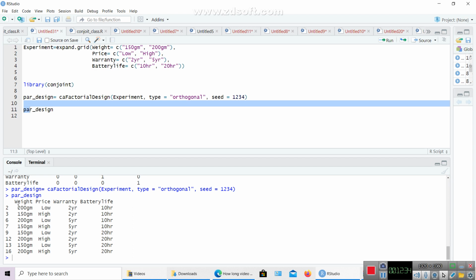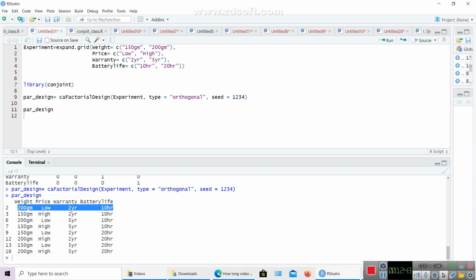So my question can be like this: kindly rate this phone based on various features. The features I will give him: 200 gram, low price, warranty 2 years, and battery life. So he will give me a score from, let's say, 0 to 100, or he can assign a rank out of these 8. How does he rank this phone? How does he rank this phone? And like that. Okay.